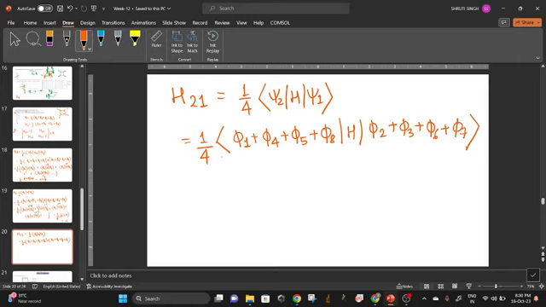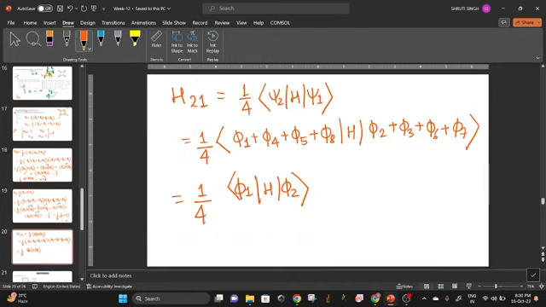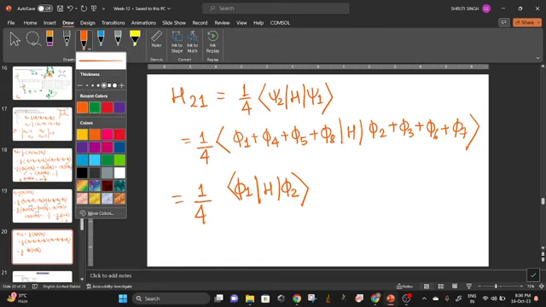Again this will give 16 terms, but this time all others will be 0 and we will be left with phi 1 H phi 2. Since phi 1 and 2 are adjacent, this value will be beta.